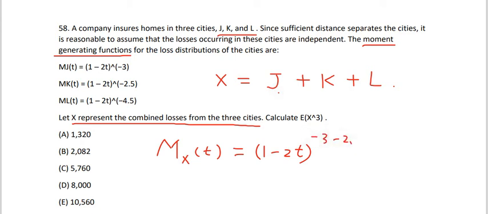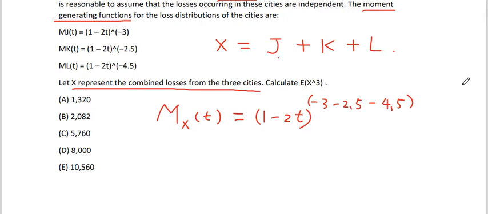We just multiply together, putting the exponents together, right? So the moment generating function equals 1 minus 2t to the exponent negative, 3 plus 2 plus 4 equals 10, yes, negative 10.